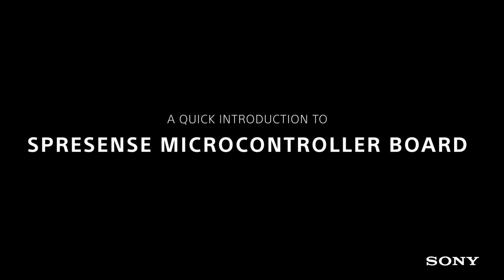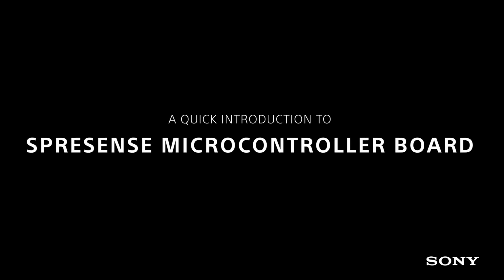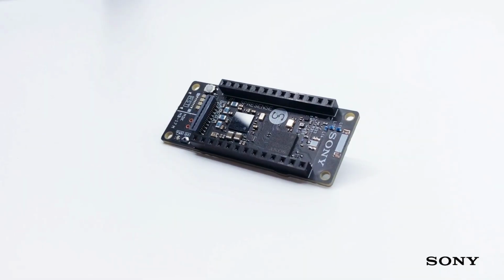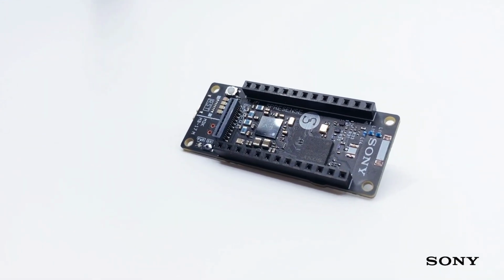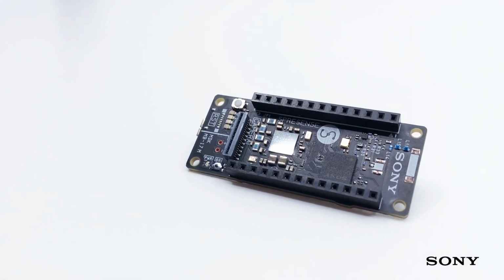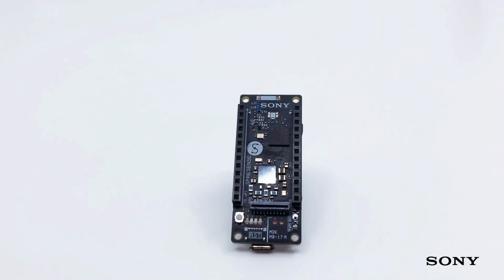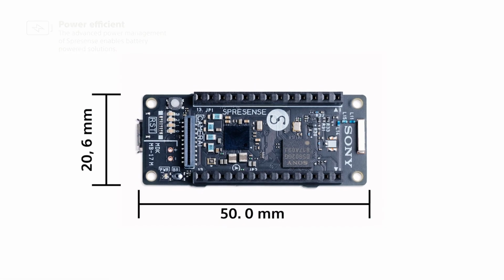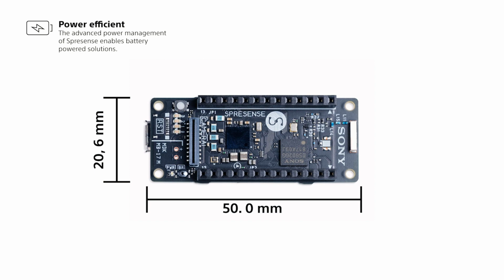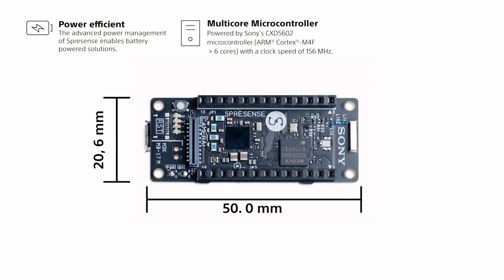A quick introduction to the Spresense microcontroller board. The Spresense microcontroller board from Sony is a unique combination of extensive computing power, but with a power consumption low enough to run on a battery. Despite its compact footprint, Spresense is powered by a high-performance 6-core microcontroller with a clock speed of 156 MHz.